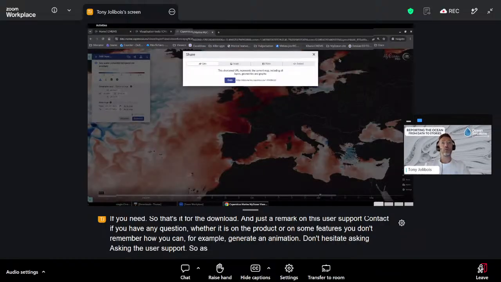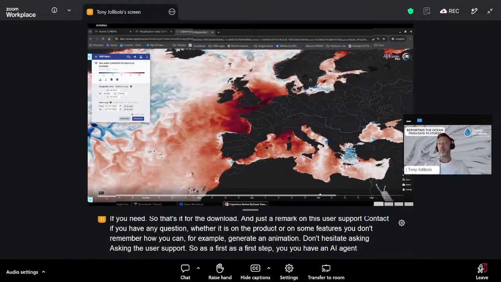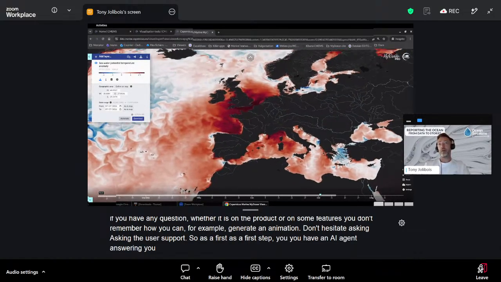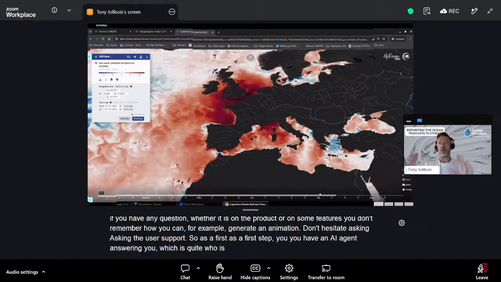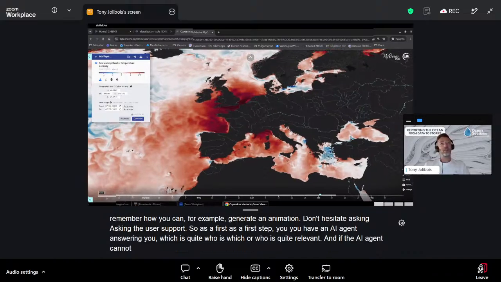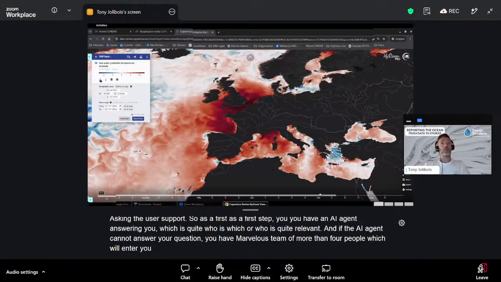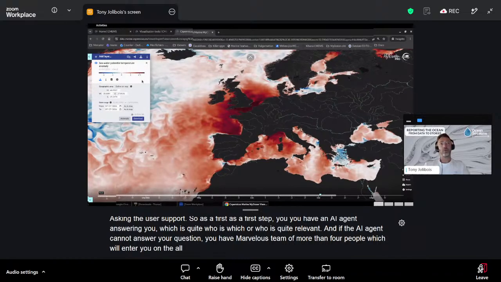As a first step, you have an AI agent answering you, which is quite relevant. And if the AI agent cannot answer your question, you have a marvelous team of more than 4 people who will answer all the questions you have.